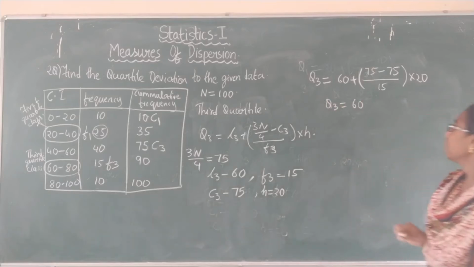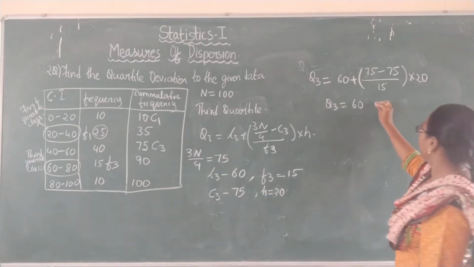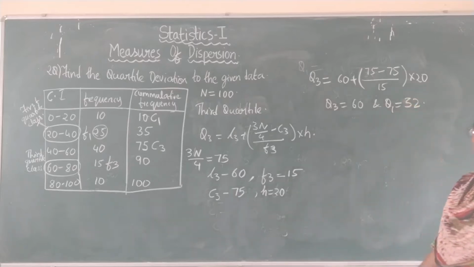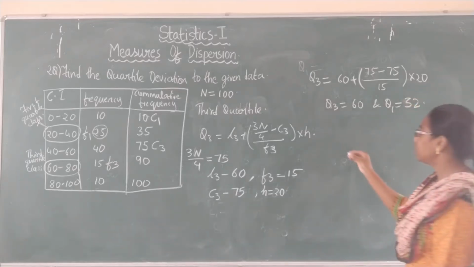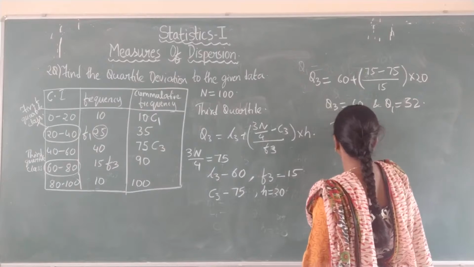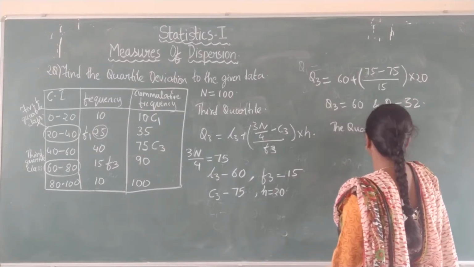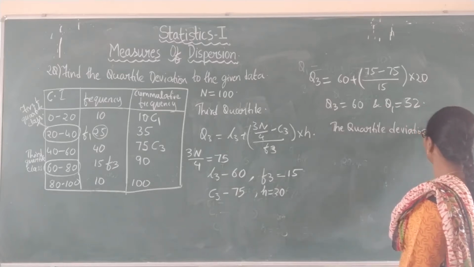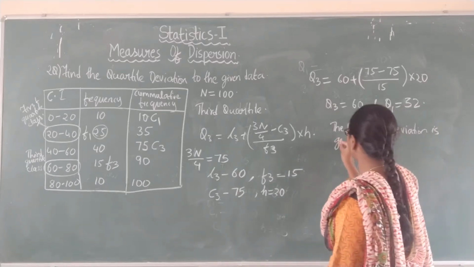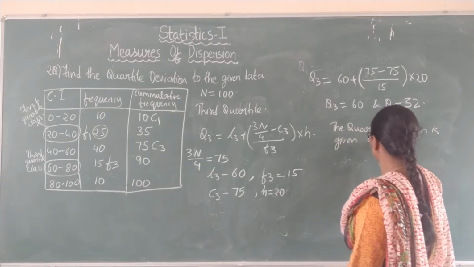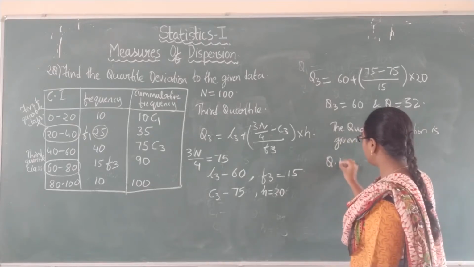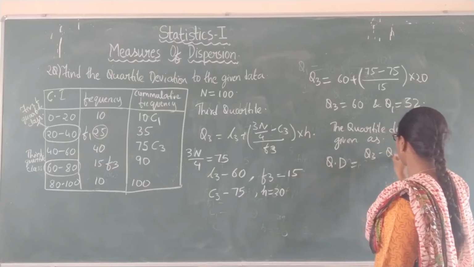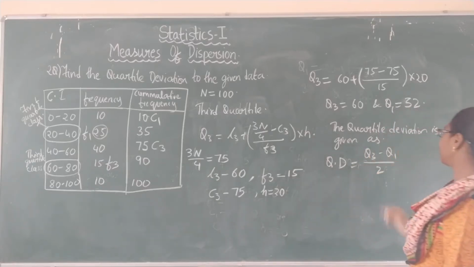And what is the Q1 value we got? Q1 value we got as 32. So the quartile deviation, which we denote with QD, is given as QD equals Q3 minus Q1 divided by 2.